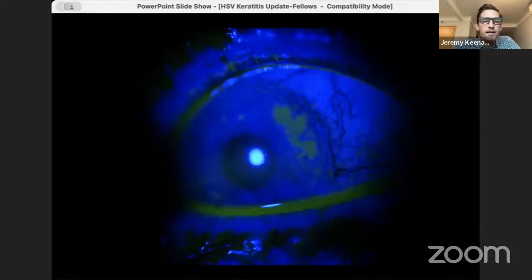You can get blunted edges and just more of a diffuse picture, rather than the terminal bulbs and the beautiful dendrite that appears when you're not on antivirals. So if you see an epithelial lesion on someone who is on an antiviral, you should proceed as if it is actually live active virus and escalate your antiviral therapy.